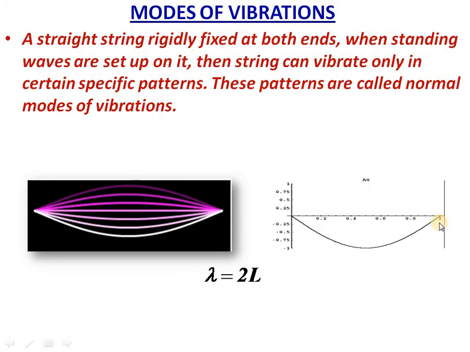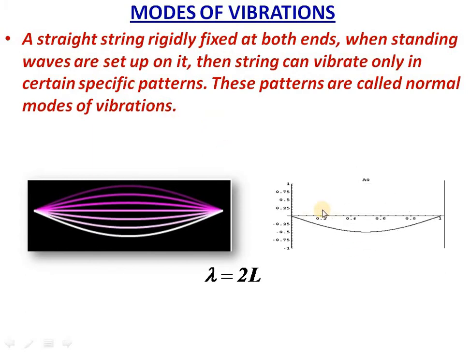Okay, permitted pattern means what? Because they have a finite length and the rigid walls are very strong, depending on the length of the string, they can vibrate in certain specific wavelengths. So those wavelengths are called normal modes of vibration.